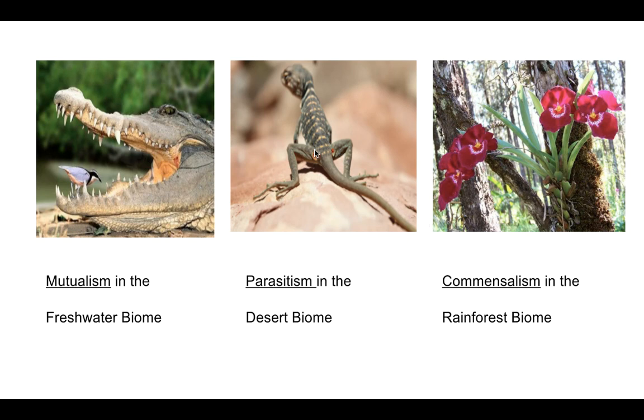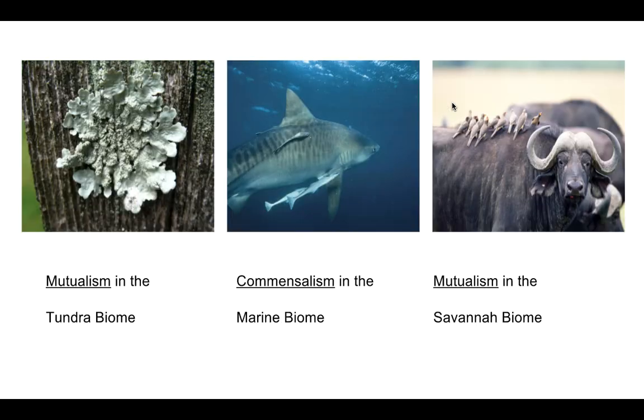Definitely harming one and helping the other organism. Commensalism, we've got these plants. This plant is actually in this tree. It's not harming the tree, but it's getting some help. So it's only helping this flower, but the tree itself is neither getting harmed nor helped.